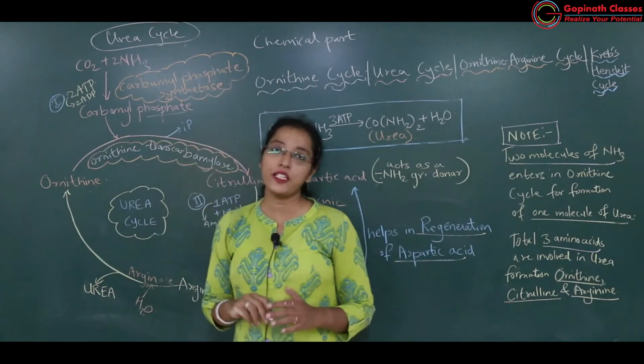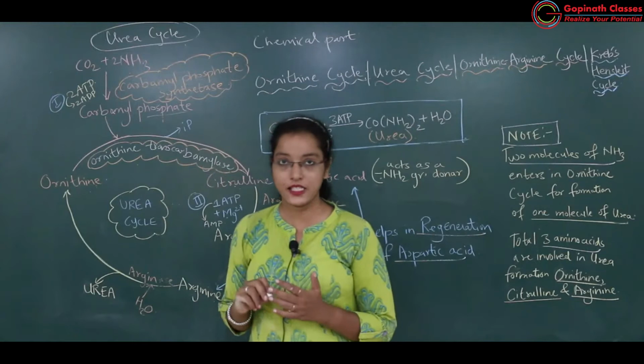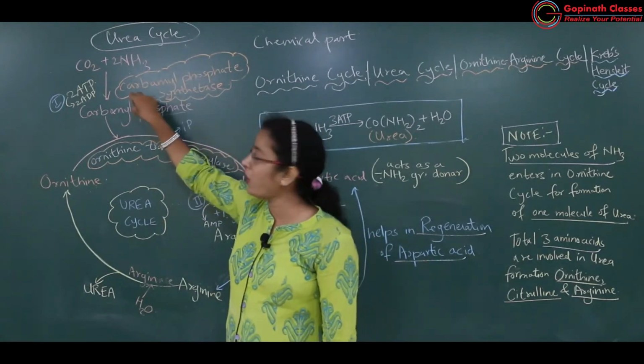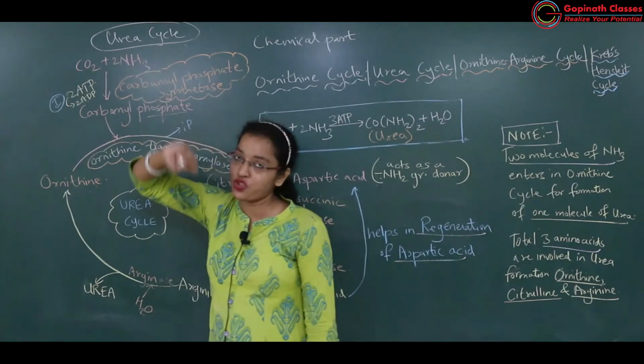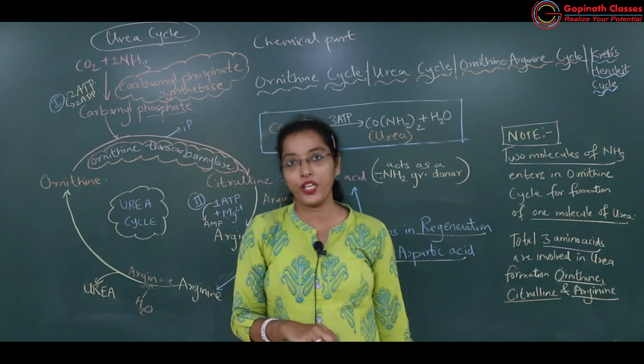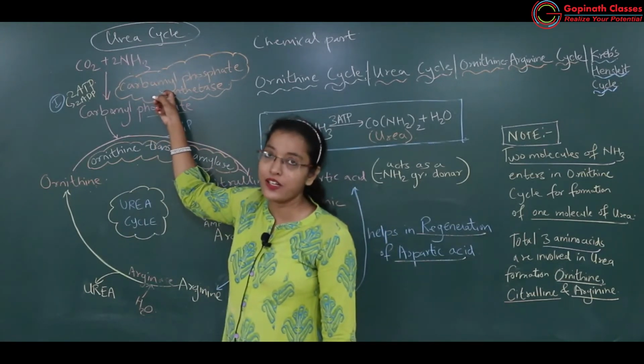This reaction is catalyzed by the enzyme carbamyl phosphate synthetase. Carbamyl phosphate is the product, formed because of the reaction between 1 molecule of carbon dioxide and 2 molecules of ammonia. That's why the word synthetase is there in the enzyme name.